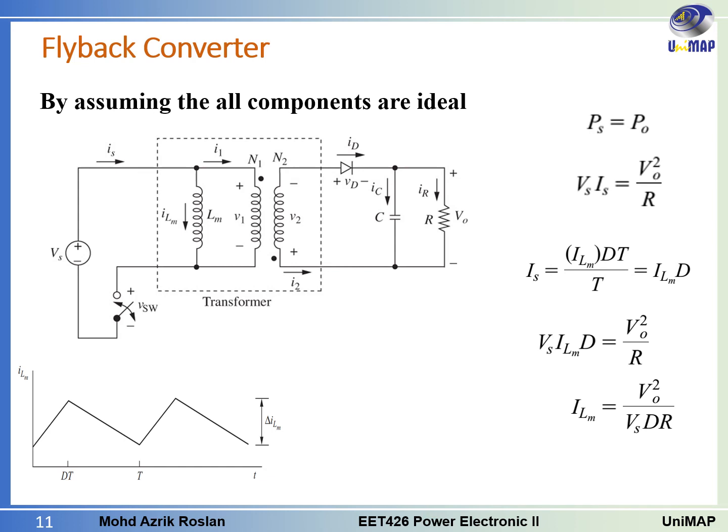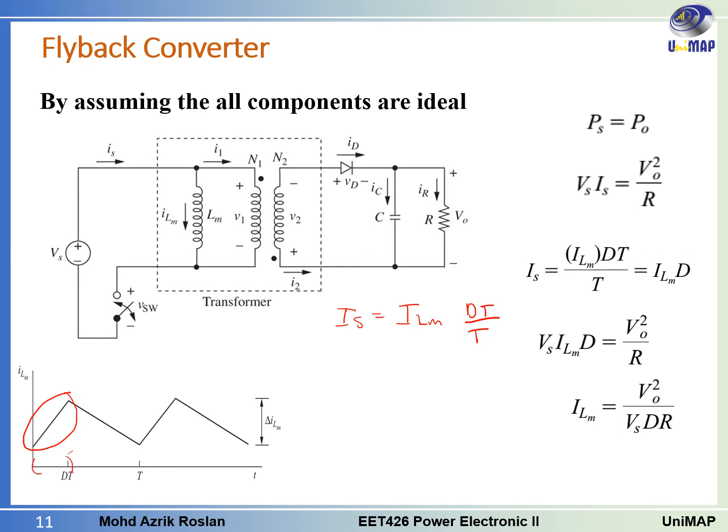Is here is basically the ILM, but only at this portion. So that's why we get the equation here, Is equals ILM, but only for the portion from dT over T. T is the overall period here, and dT is where we want to highlight the portion where the Is occurs.